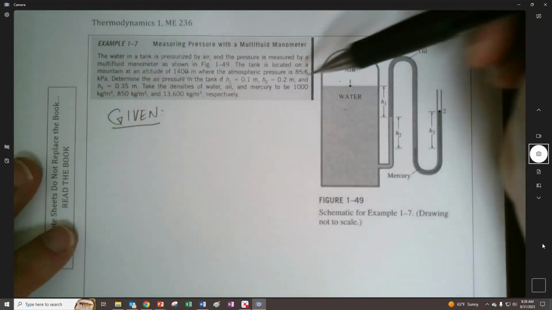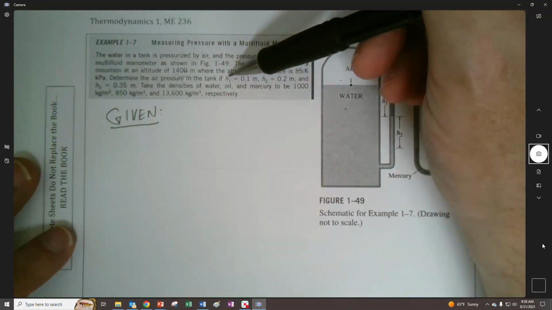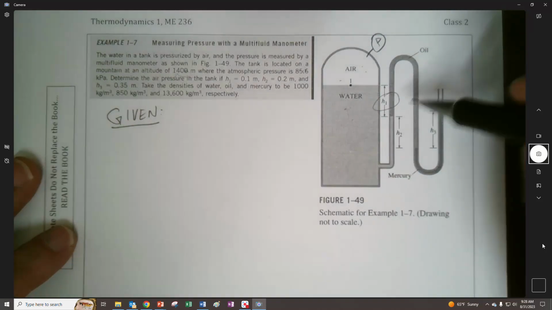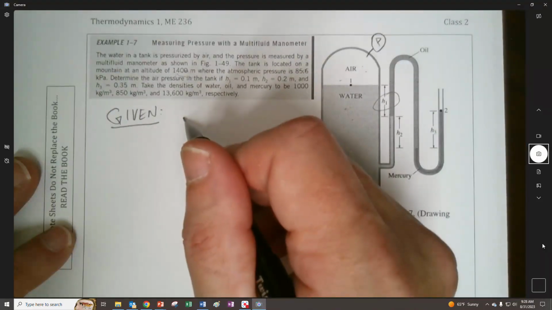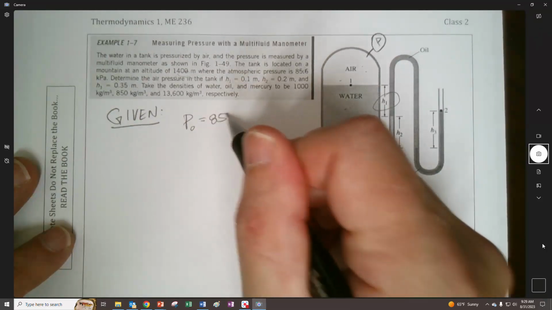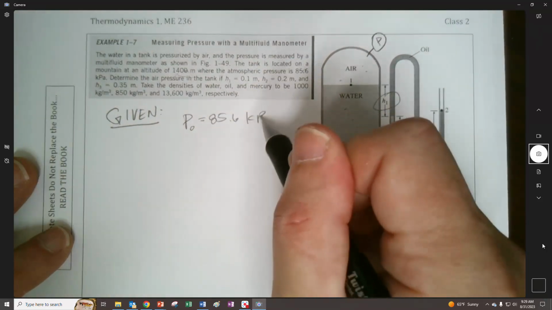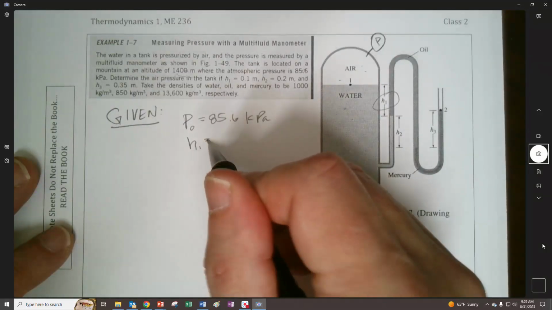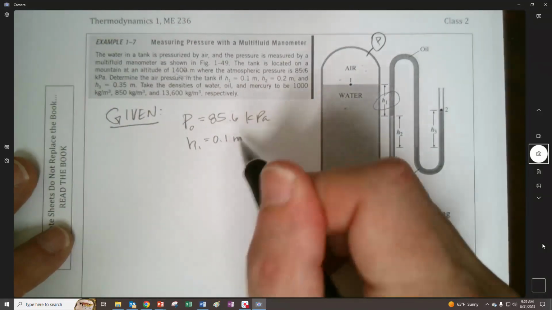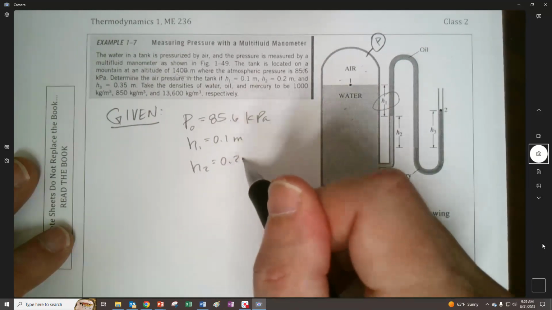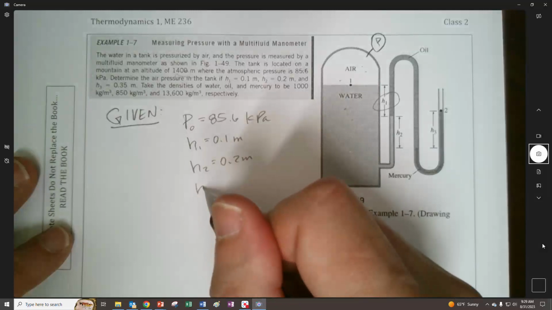Determine the air pressure in the tank if we have a height right here of, all right, so let's write this down right here. So P0 is 85.6 kilopascals. You're going to have H1, keep track of this, 0.1 meters. And H2 is equal to 0.2 meters. And H3 is 0.3?